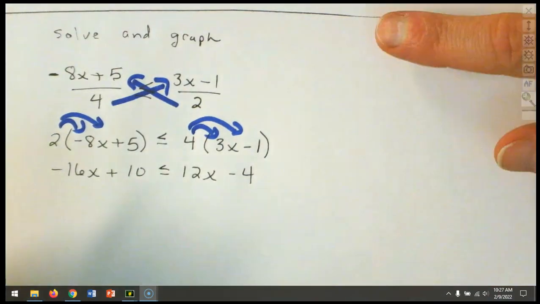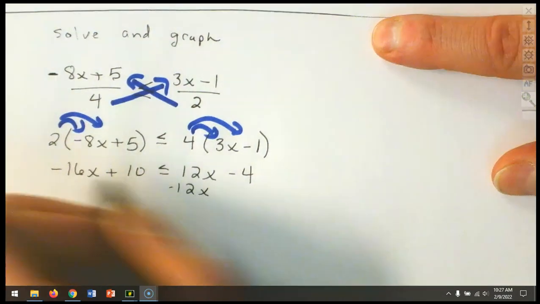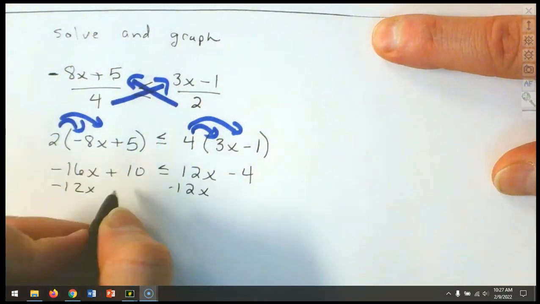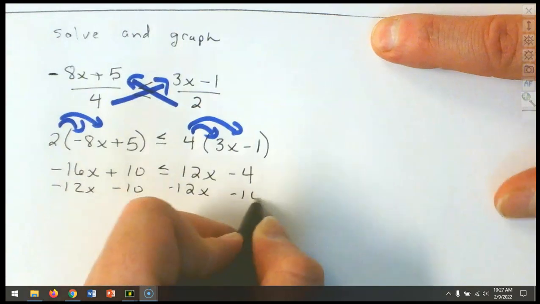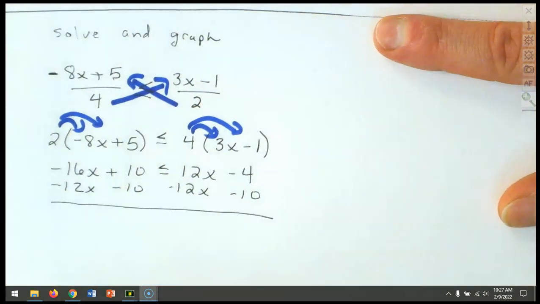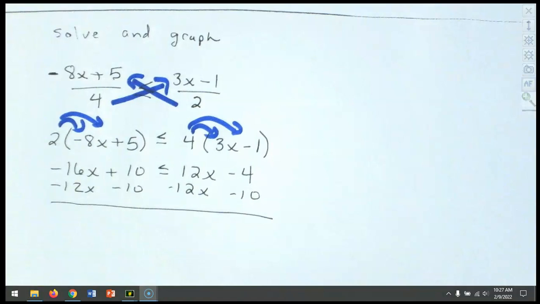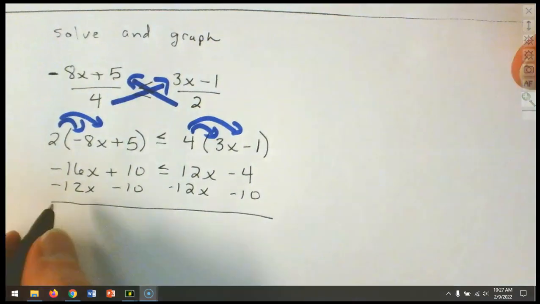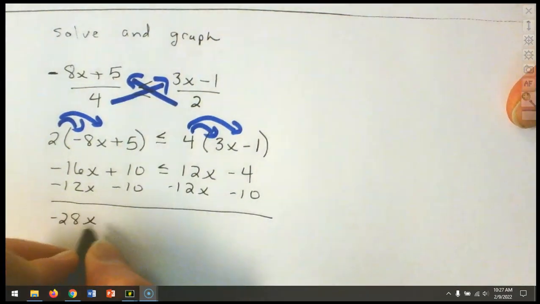Move things around. So move that 12x over. Move that 10 over. And we've got 16 and 12. That's a 28, I believe. That's going to be a negative 28x here.